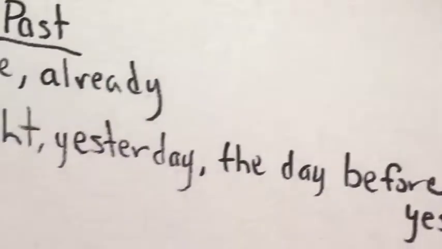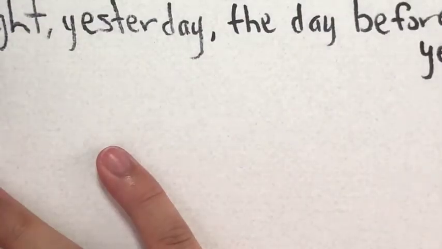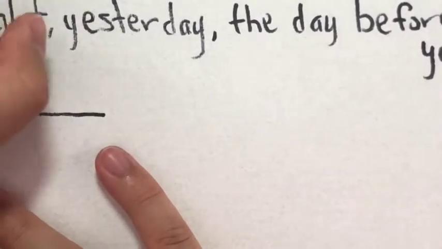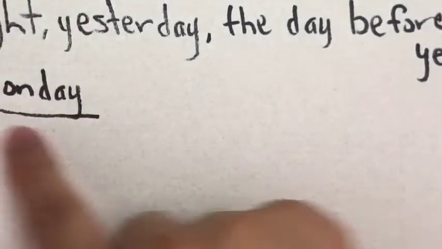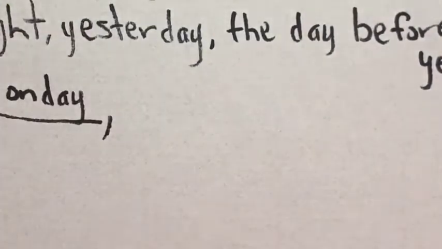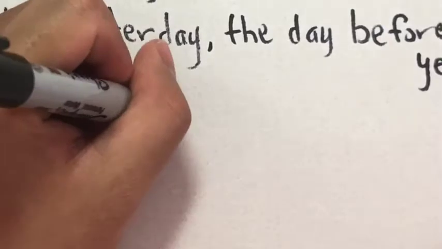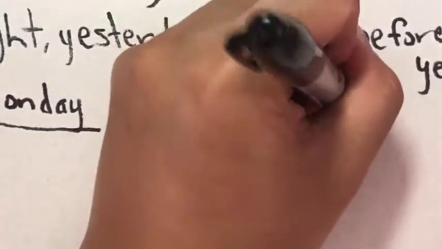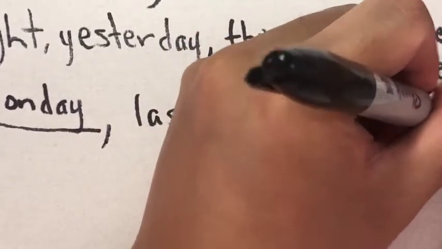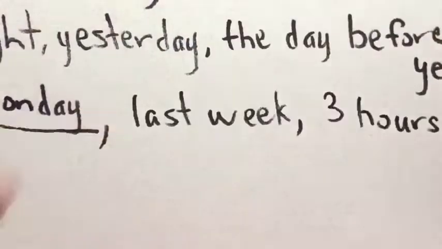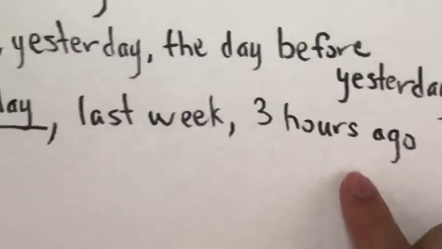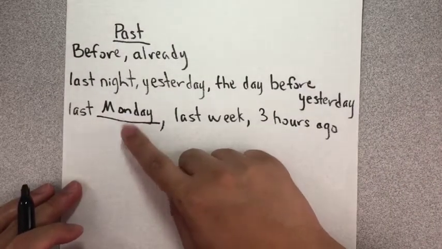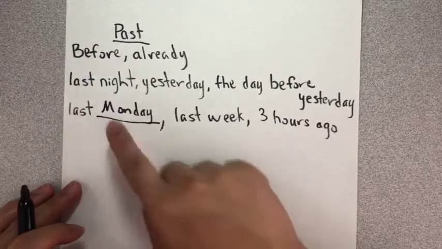Other words we have are last Monday. Last Monday is in the past. Last week. 3 hours ago. We have last day, so last Monday, last Tuesday, last Saturday, last Friday. This is in the past.